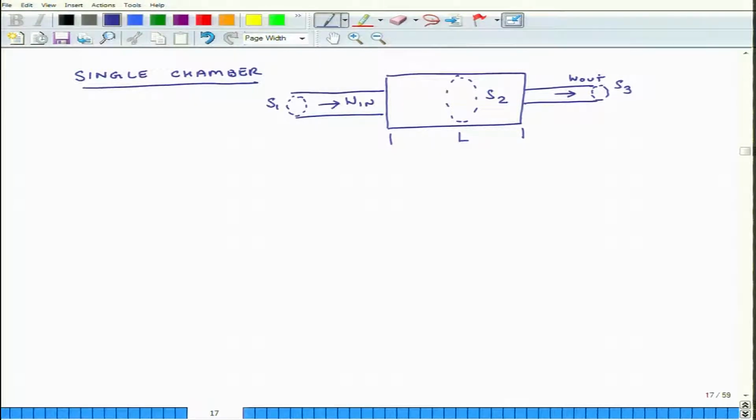Now, you can solve this problem based on whatever principles we discussed in the first part of this course, where we had discussed transmission line equations, because this is a one dimensional sound propagation problem, and using those we can write transmission line equations for the first portion, second portion and the third portion, and then we use appropriate boundary conditions at the interface of these three portions, and then we can find out the overall transmission coefficient.